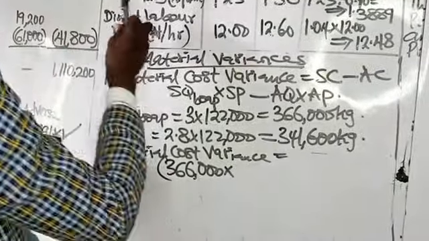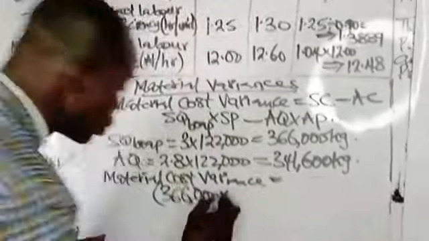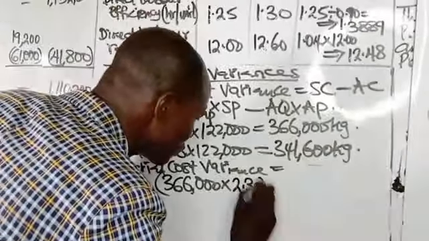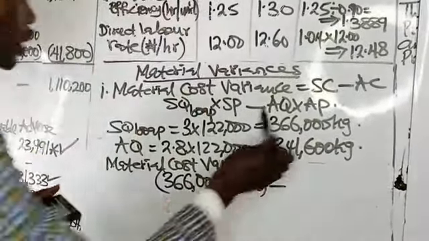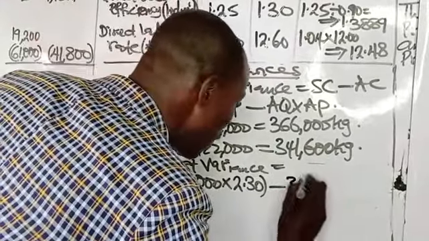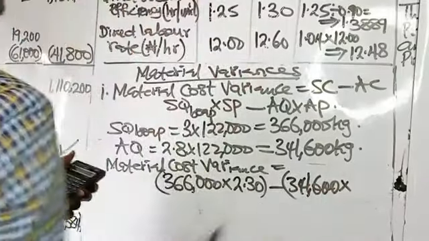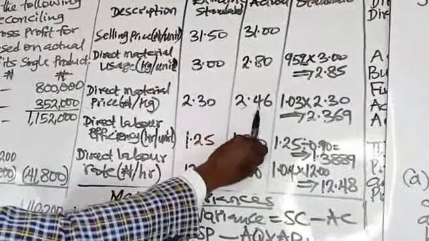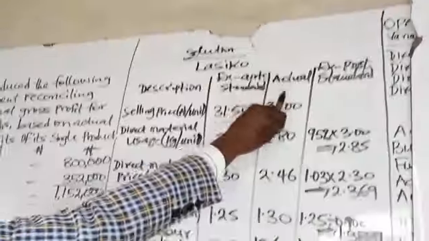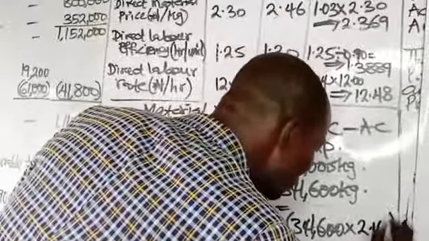Our standard price for material is 2.3, minus actual quantity, which is 341,600, times actual price. Actual price is 2.46 from the table under the actual column.